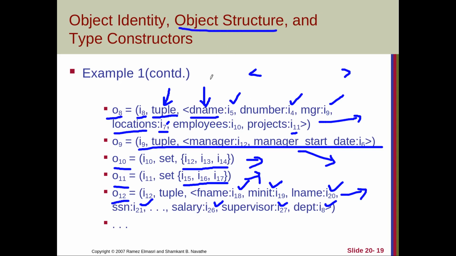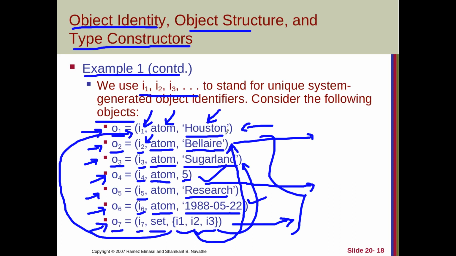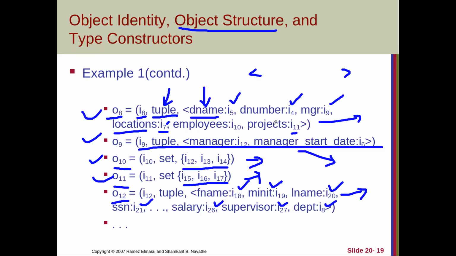Each object will have its own structure. Some of the objects are very small. Some of the objects are complex, with a tuple structure with more objects included, by adding more tuples into the existing object.